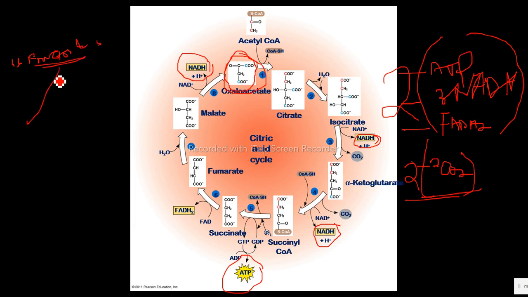It splits to give 2 interconvertible 3 carbon compounds: the glyceraldehyde 3-phosphate, or phosphoglyceraldehyde, and then the dihydroxyacetone phosphate. There are 2 molecules that are forming here.